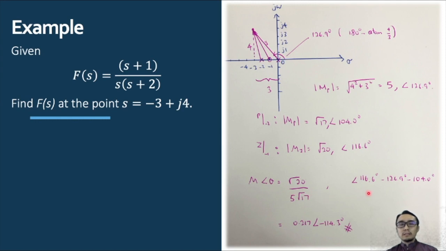Whereas the angle is the angle made by the zero minus the angles made by the vectors representing the poles. The result will be 0.217 at an angle of minus 114.3. In general, we will use this relationship later on when we want to sketch the root locus.